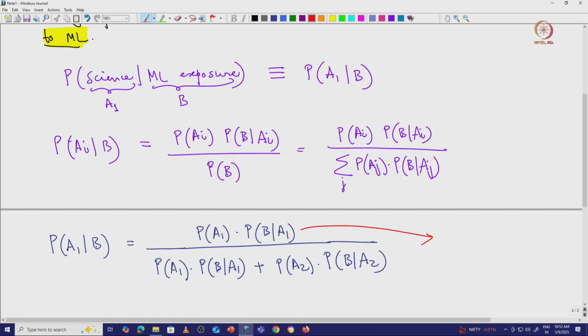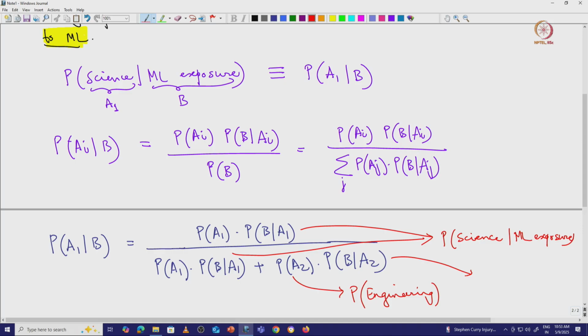This term we already identified is the probability that the student is from science given they have ML exposure, and that is the same term which appears first in the denominator, and this term on the other hand is the probability of the student being from engineering, and this is the probability that they have ML exposure given they are from an engineering background.